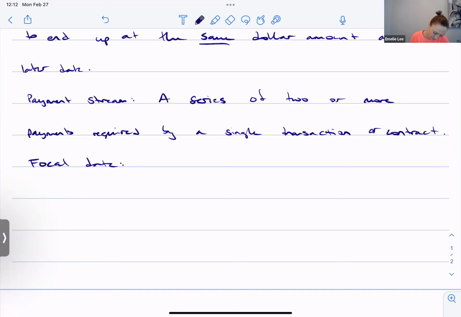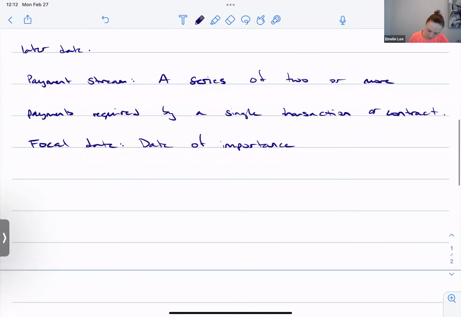Okay. So the focal date is a date of importance to our calculations.